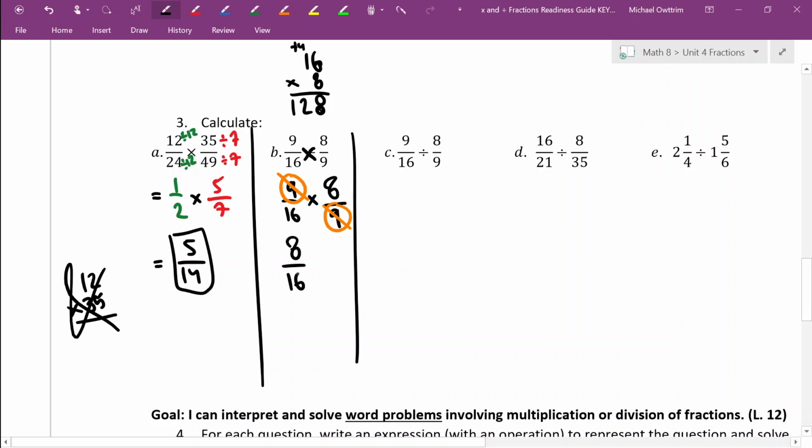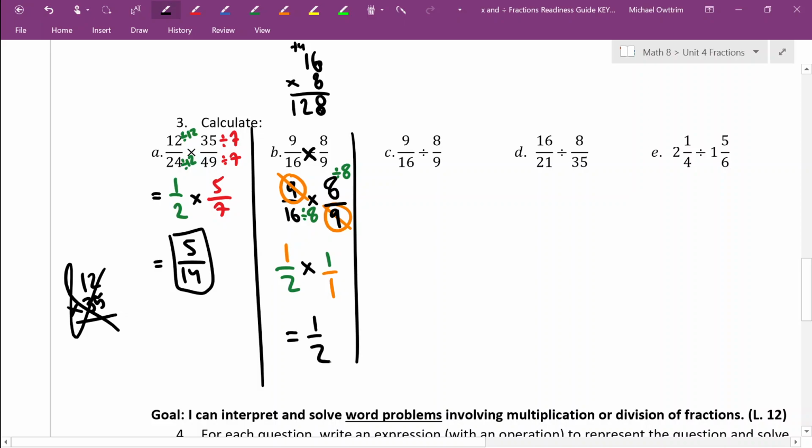Now you might notice that 8 out of 16 simplifies here, and in fact we could have simplified that at the start as well. Both the 8 on top and the 16 on the bottom can divide by 8. Now that's going to give us the simpler fraction 1 out of 2 times 1 out of 1. And 1 out of 1 gives us that.